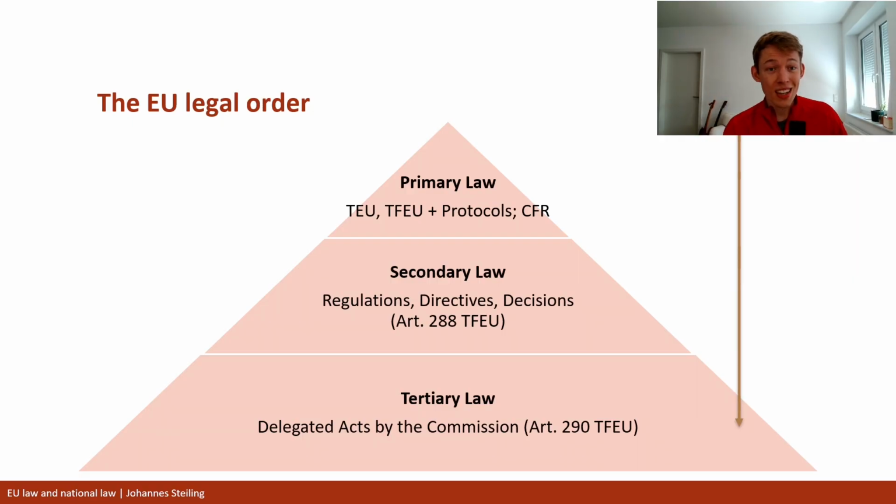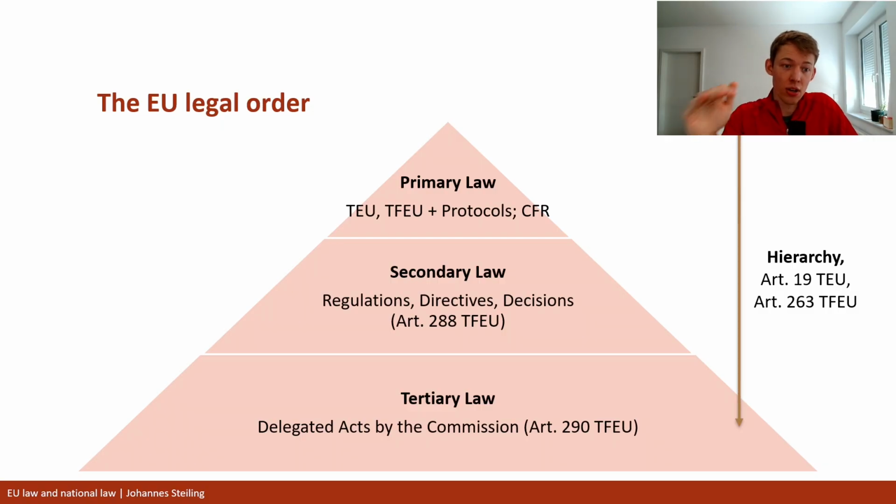Well, like in any jurisdiction, we have a court, or we have courts, and we have the highest court, the ECJ. And the ECJ can basically invalidate secondary law and also tertiary law. And this is mentioned in Article 19 of the Treaty on European Union. Because in Article 19, it says that basically the ECJ can invalidate any acts of the institutions of the EU.